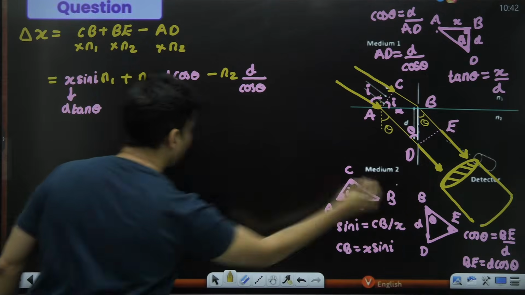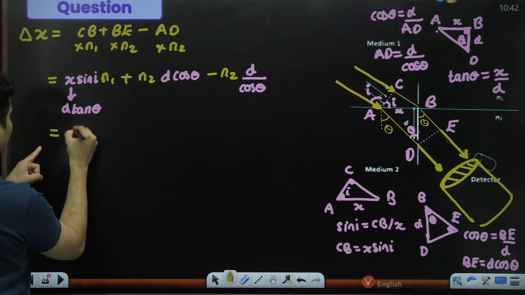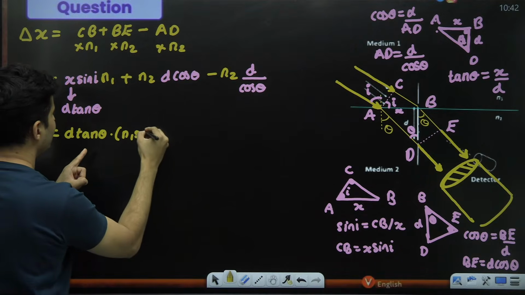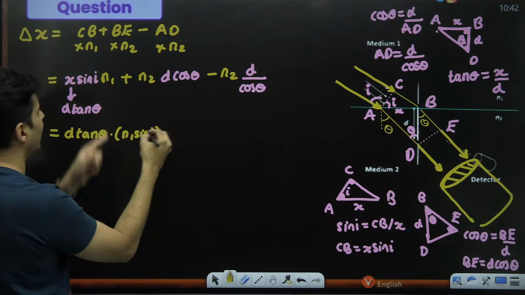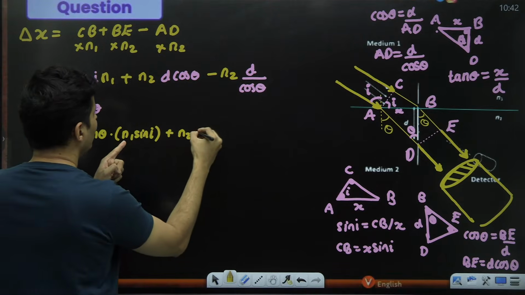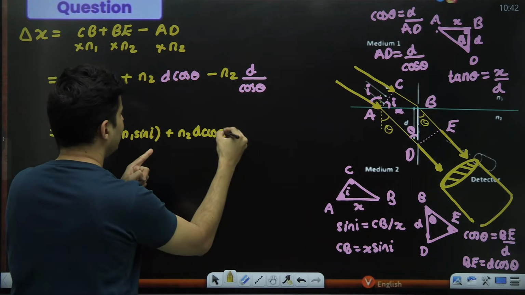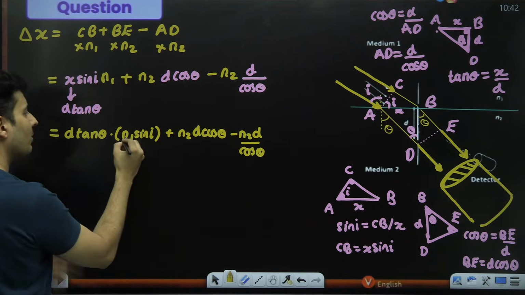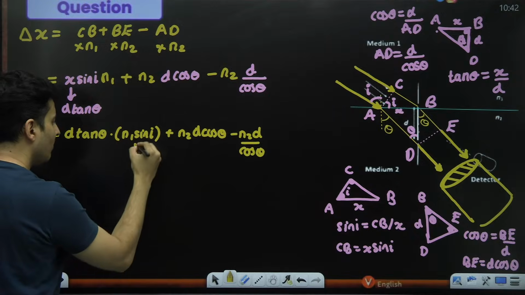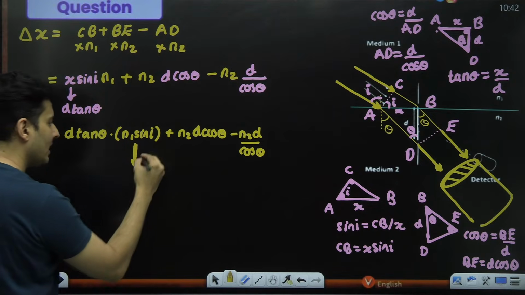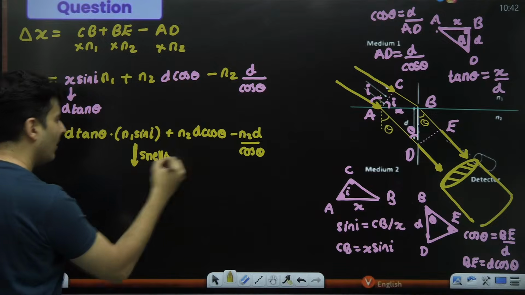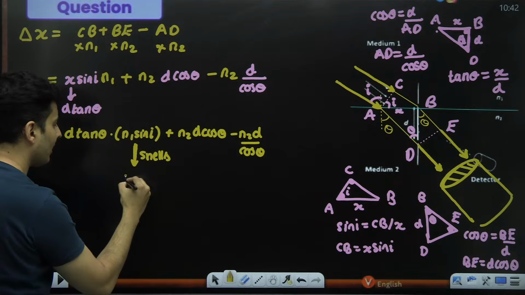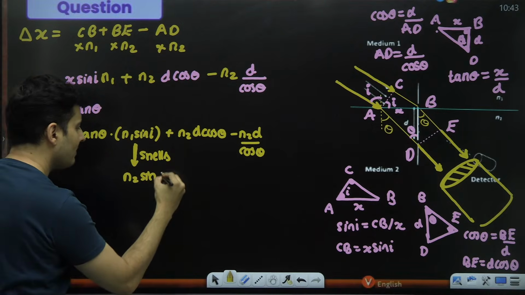Okay. So we'll rewrite this as d tan theta multiplied by n1 sine I plus n2 d cos theta minus n2 d by cos theta. But wait a minute, by Snell's law, n1 sine I will be n2 sine R, or n2 sine angle of refraction.